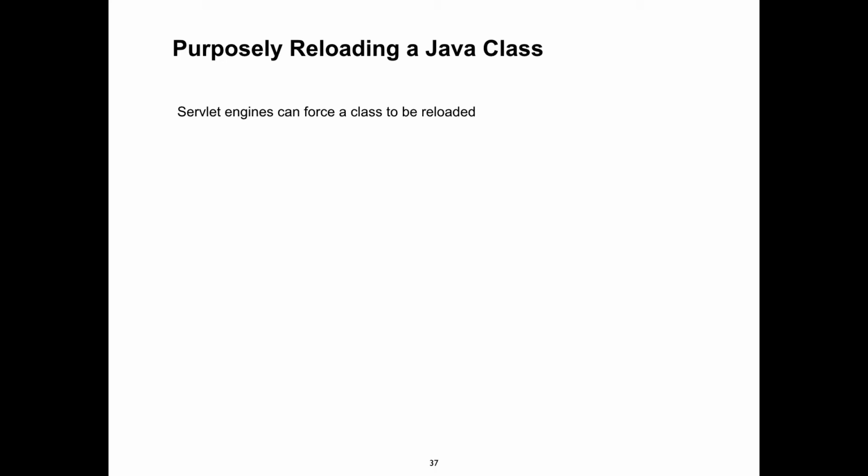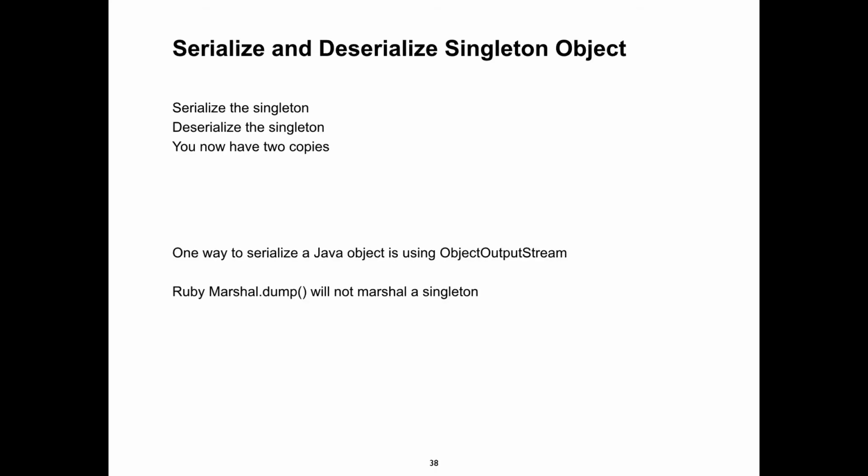There will still be one object, but the value will change. And then, of course, you can serialize and deserialize it. Because in Java, there's a finalize, like you actually get a destructor when the garbage collector runs.